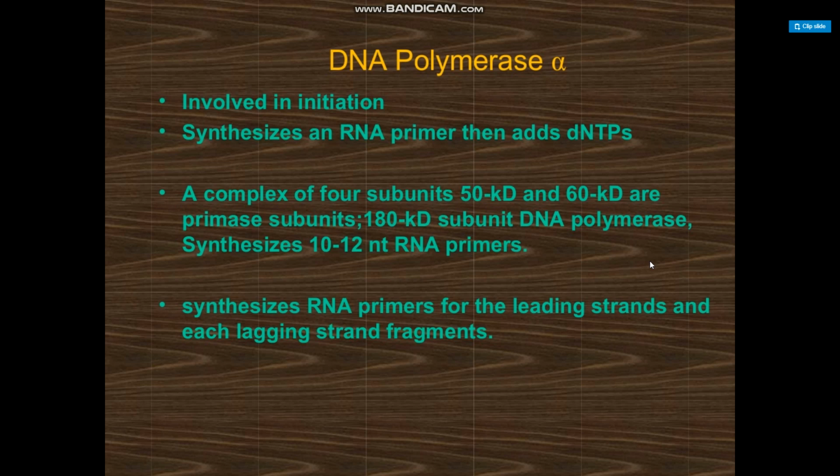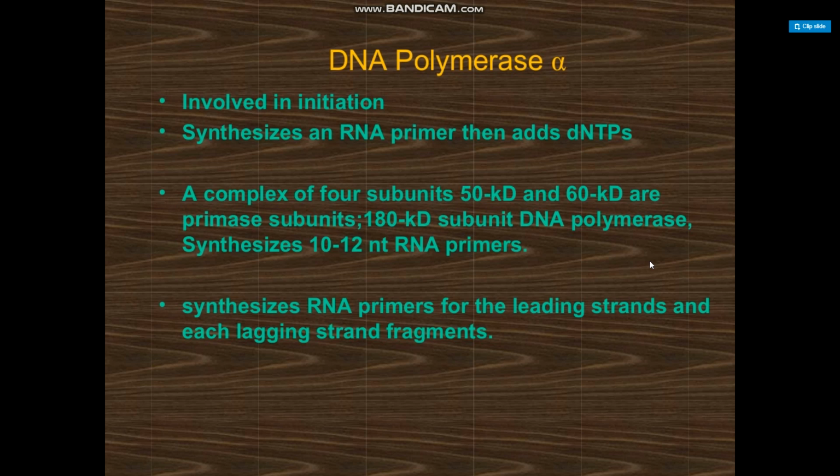First, it synthesizes an RNA primer, then adds dNTPs, deoxynucleotide triphosphates. It is a complex of four subunits: 50 kD and 60 kD are primase subunits, and the 180 kD subunit is DNA polymerase, which synthesizes 10 to 12 nucleotide RNA primers.